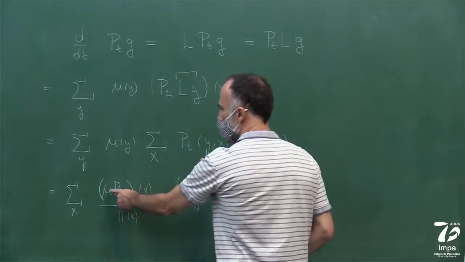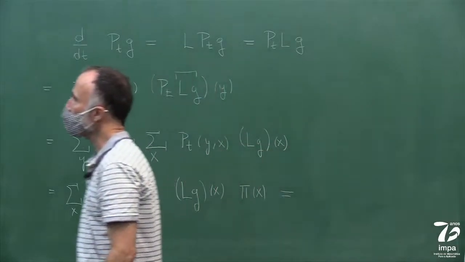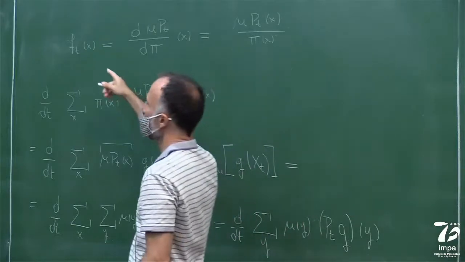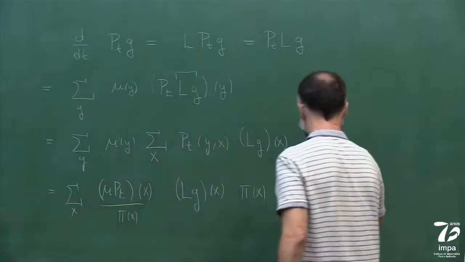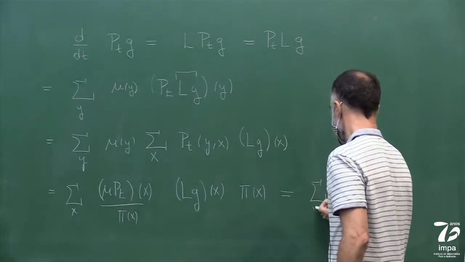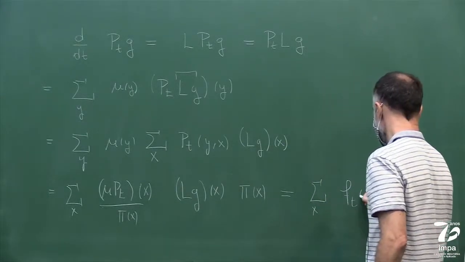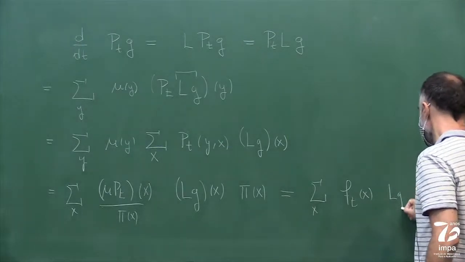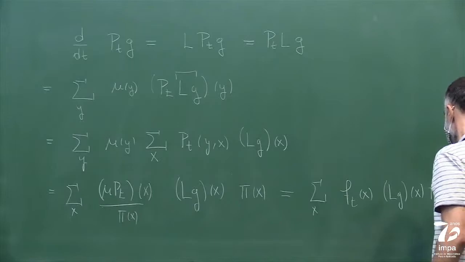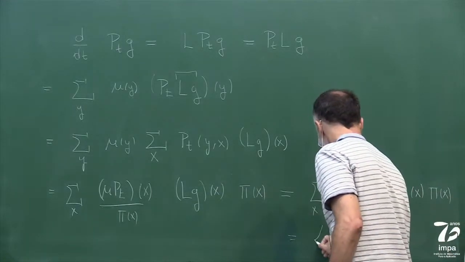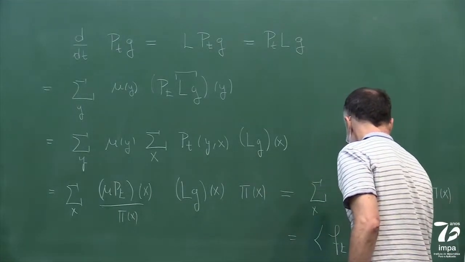And recall that mu Pt divided by pi is ft. So this is the sum of ft(x) LG(x) pi(x), which is the scalar product of ft with LG.